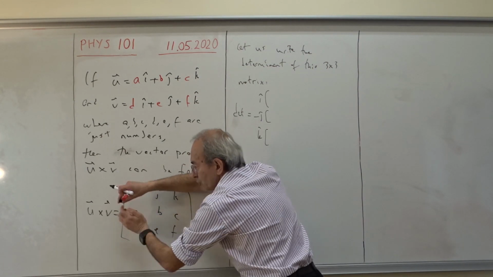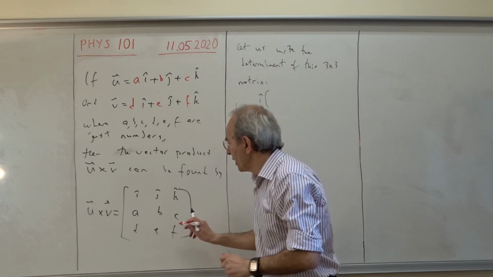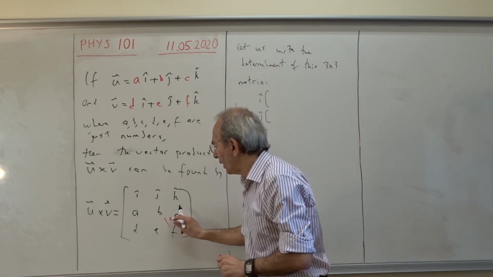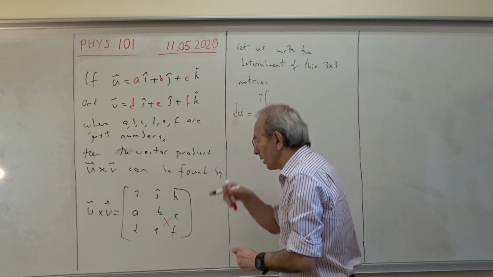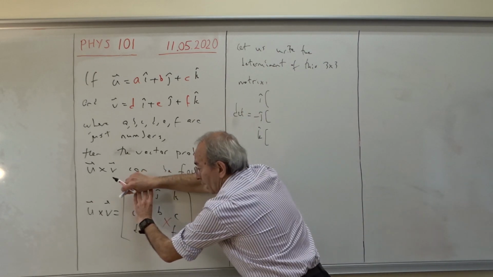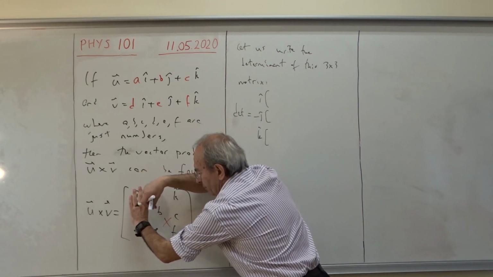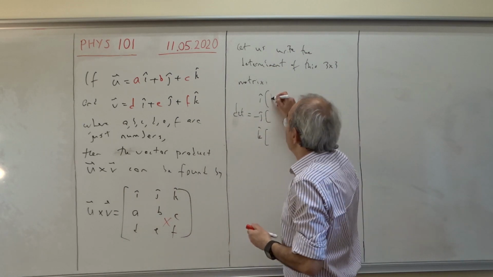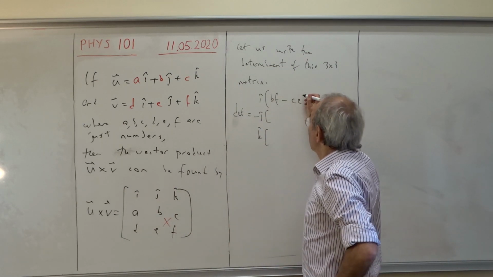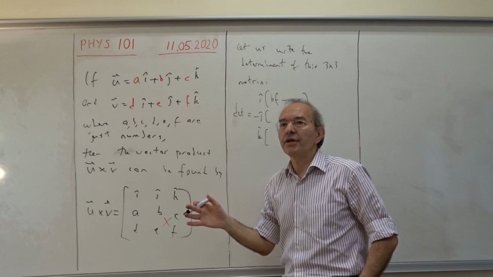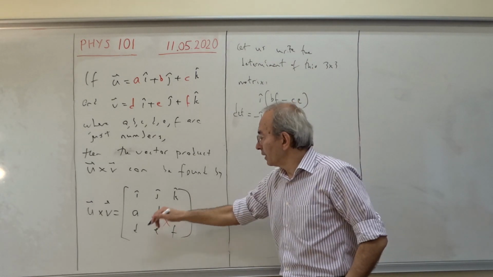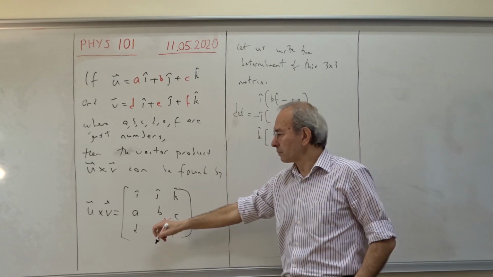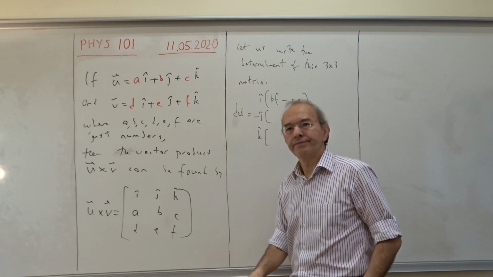B, C, E, F. So we multiply B and F, and C and E. So i times (B times F minus C times E), whatever number there is.